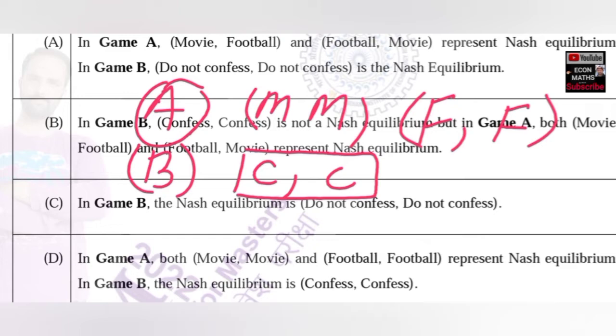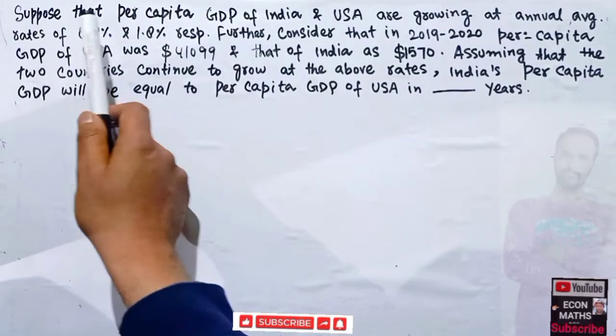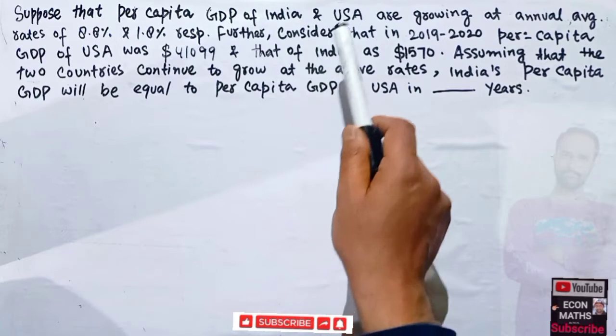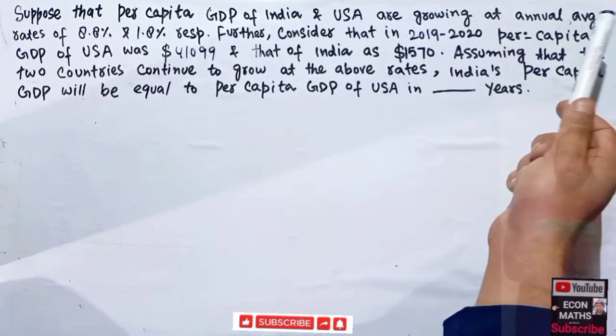Here you can see only option D satisfies both the conditions. That is, in game A both movie and football represent Nash equilibrium, and in game B the Nash equilibrium is confess. Okay, I hope.